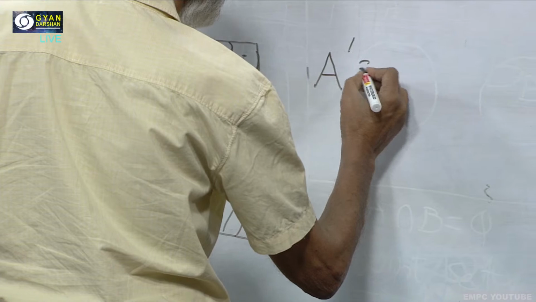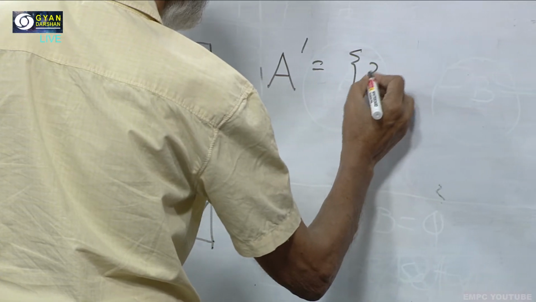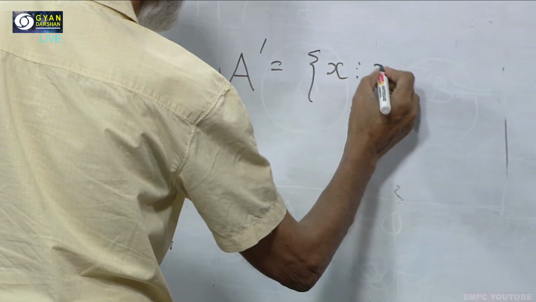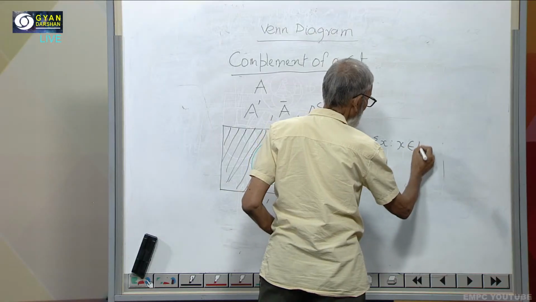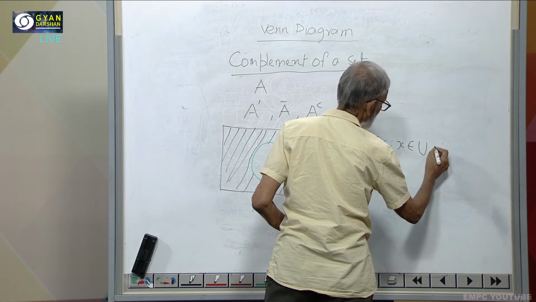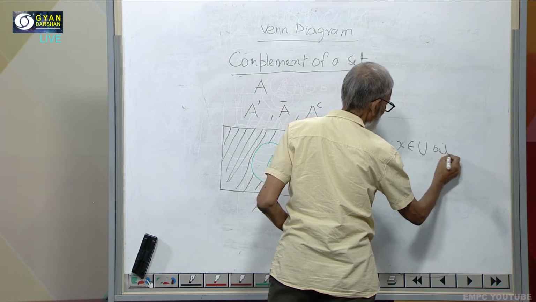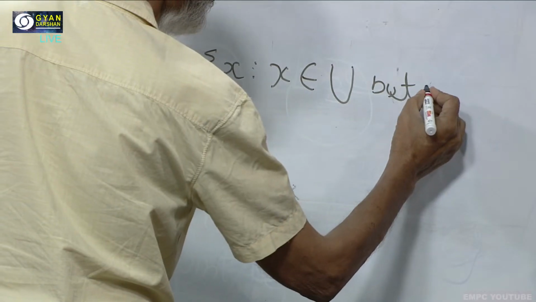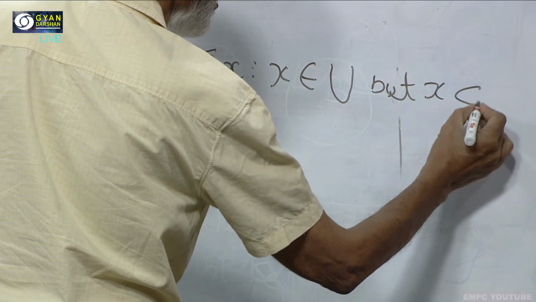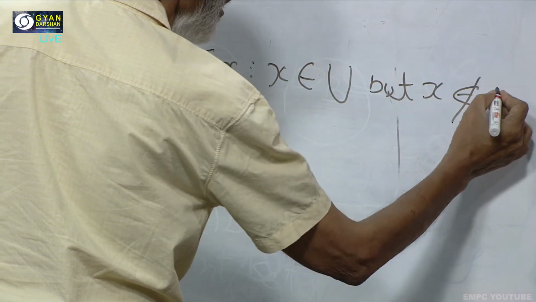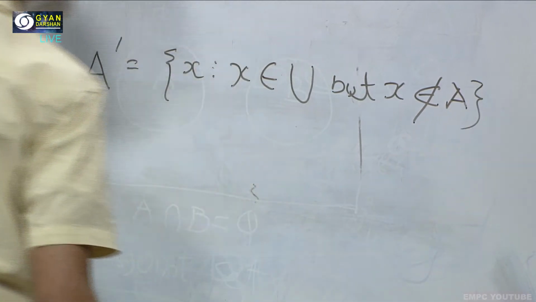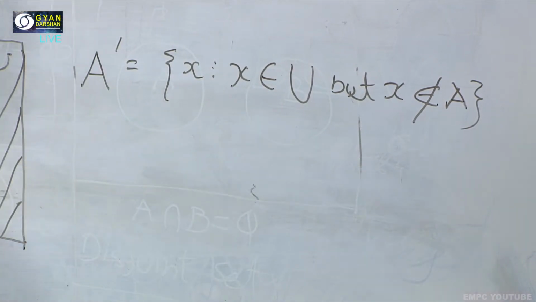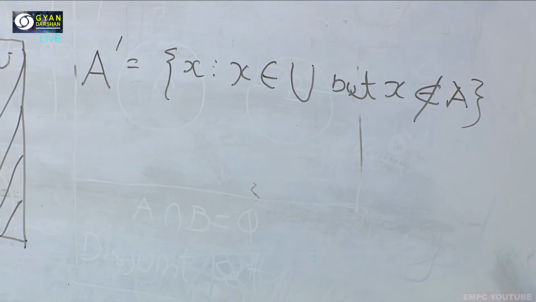A dash is equal to x such that x is an element of U, but x is not an element of A. This is the definition of complement of set A.